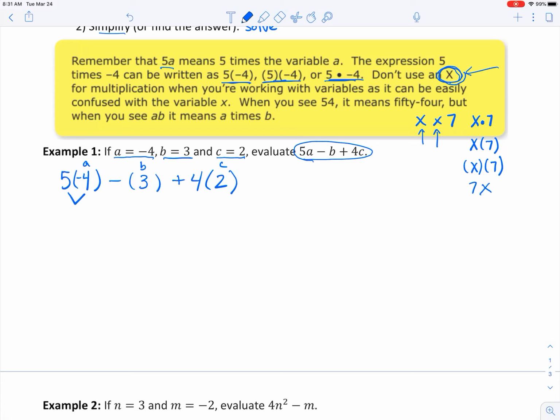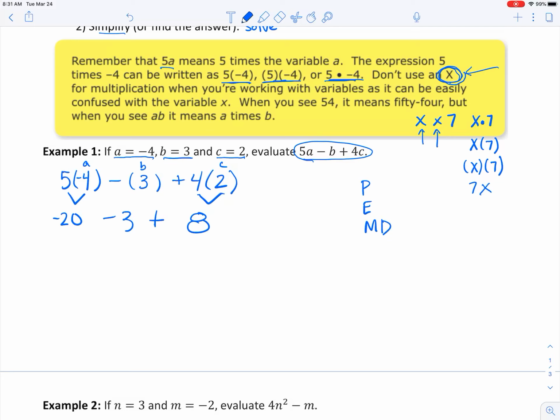So we have 5 times -4, which is -20. And then we have -3 plus, and we have to do multiplication first. We have to follow PEMDAS. So 4 times 2 is 8. Again, we're following PEMDAS. So if we remember, PEMDAS goes like this.